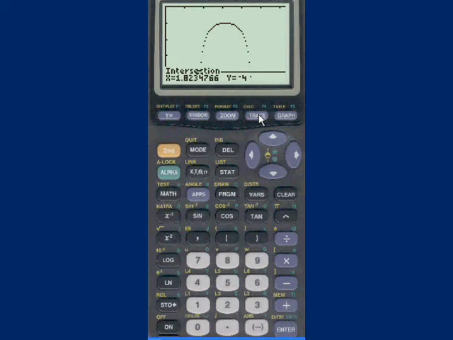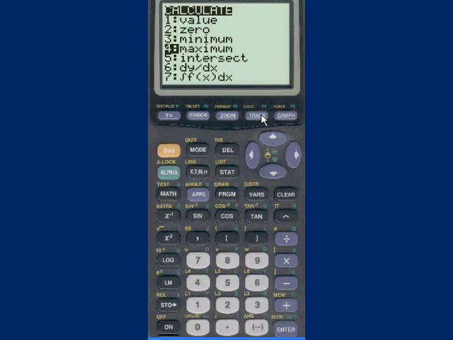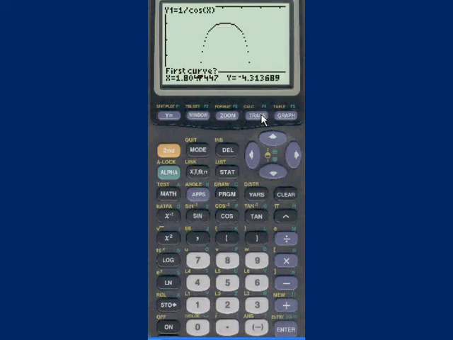And then the next one will be at, let me go ahead and make sure, first curve, second curve, and we'll guess it down at the other intersection point, which gives us 4.46. And I think that's everything for 25, 26, 27, 28, 29, 30, and 31.